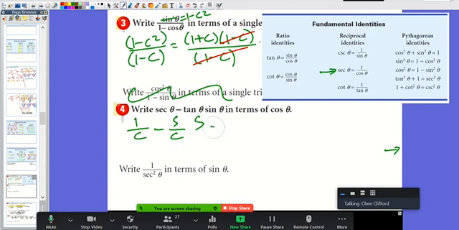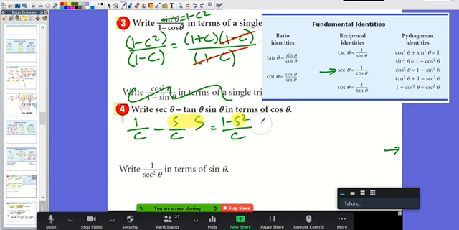So as of right now, I get 1 minus s squared over c. Remember, the s squared obviously came from here. And remember, when you add or subtract fractions, if the denominators match, you keep it exactly the same.